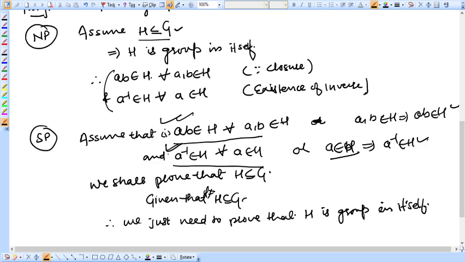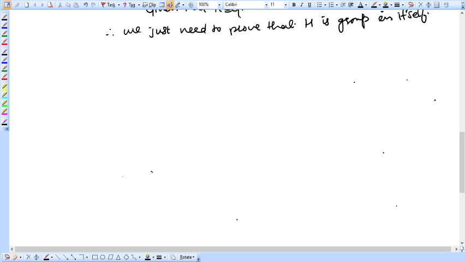So only two properties are left, one is the associative property and one is the identity property. So we just need to prove two properties of a group here, because two properties are already given. One is existence of identity and another is the associative law.